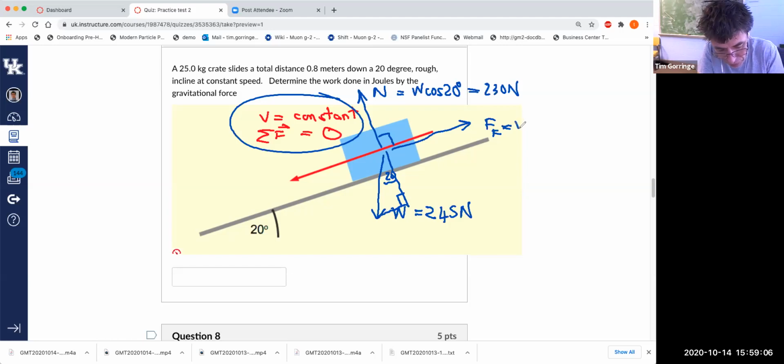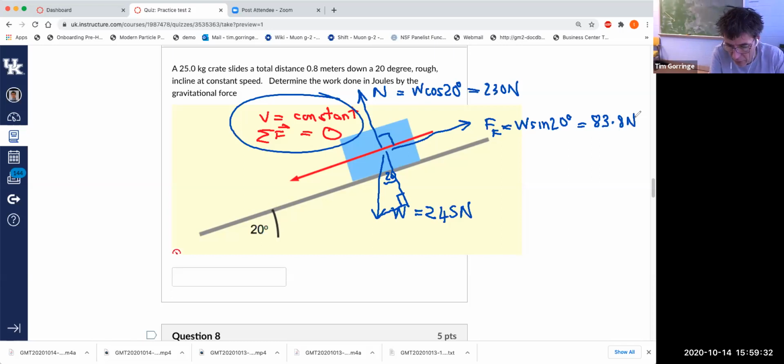It must be equal to W sine 20 degrees. Only then will the forces parallel and perpendicular to the incline all cancel out. And I calculated that one too. It was 83.8 newtons.